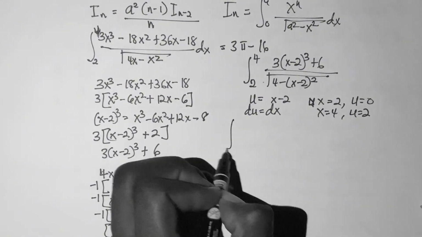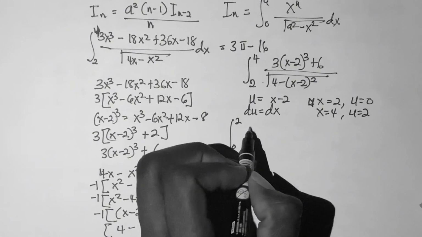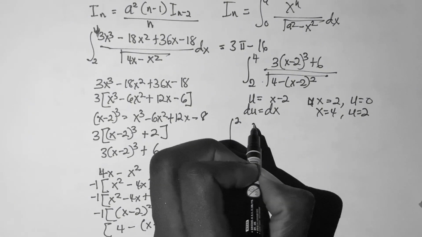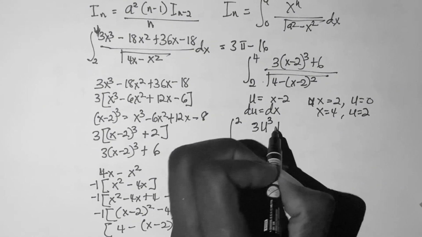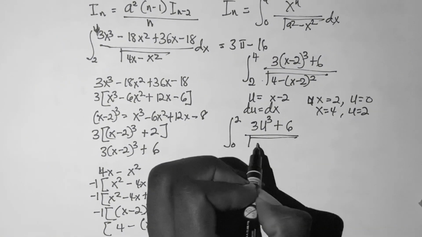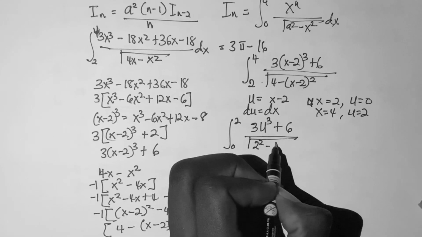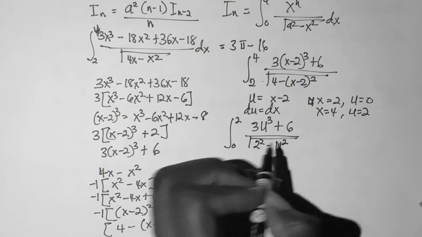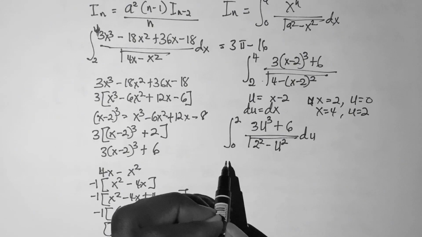So this integral becomes the integral from 0 to 2 of 3u cubed plus 6, divided by the square root of, now this 4 is the same as 2 squared, minus u squared, du. Break the integral into two.